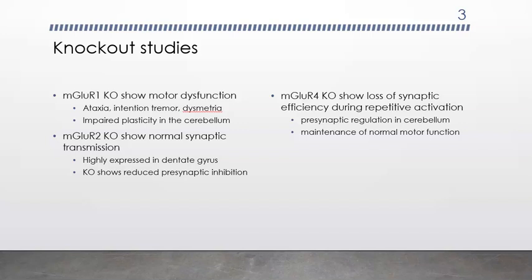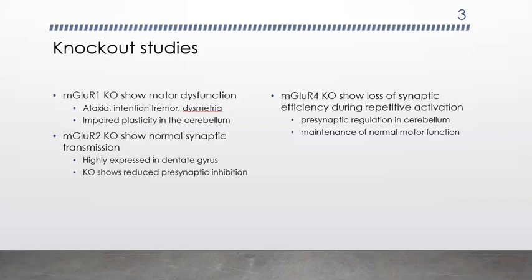mGluR2 knockout, we see normal synaptic transmission. What we see is that this knockout really only reduces presynaptic inhibition so that it plays that role as the autoreceptors. Okay, so transmission is normal, but we get kind of extra release.